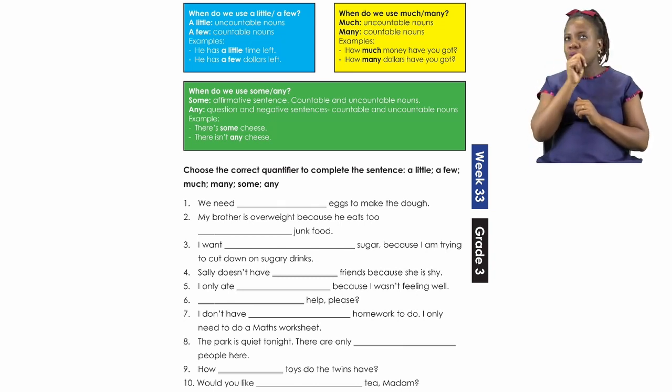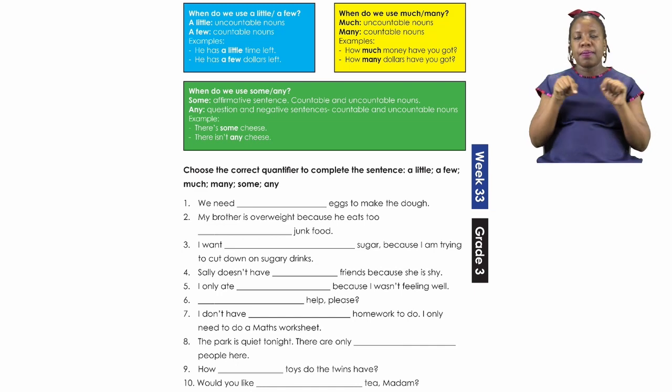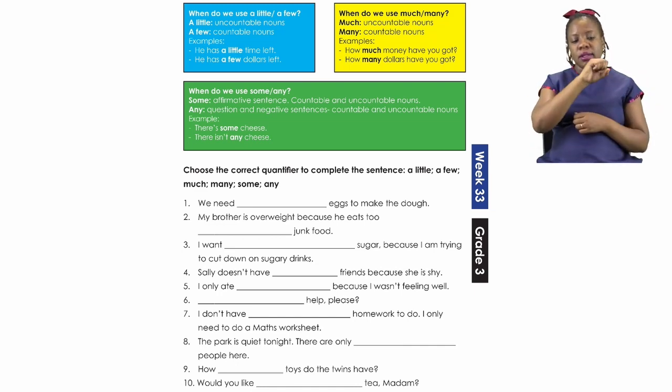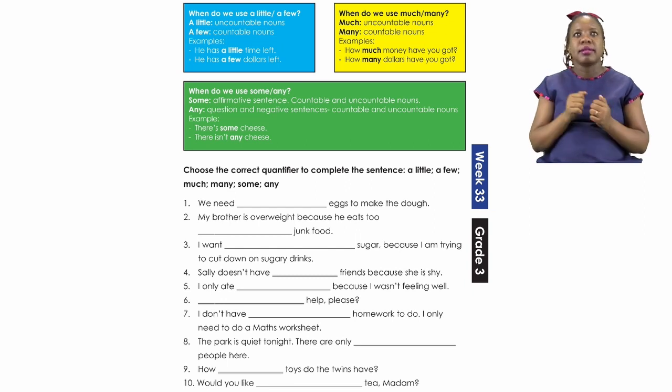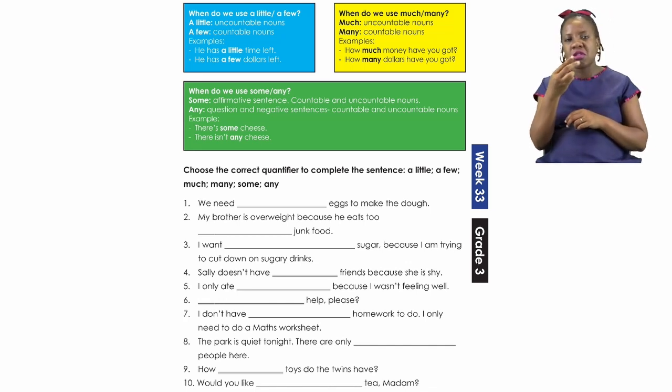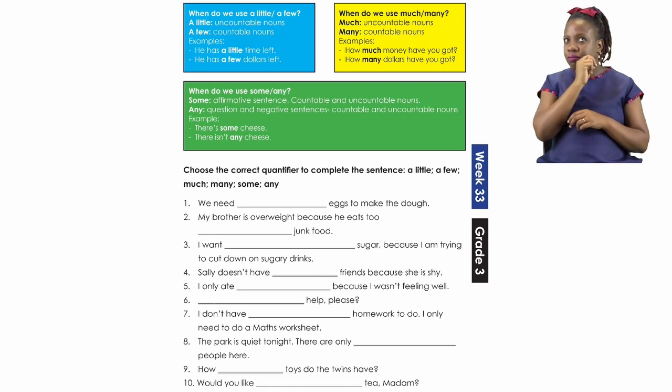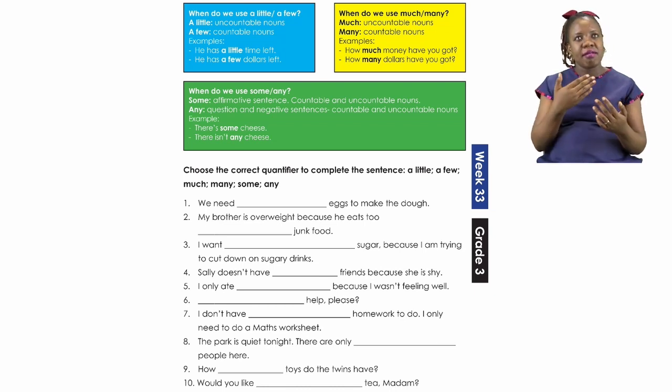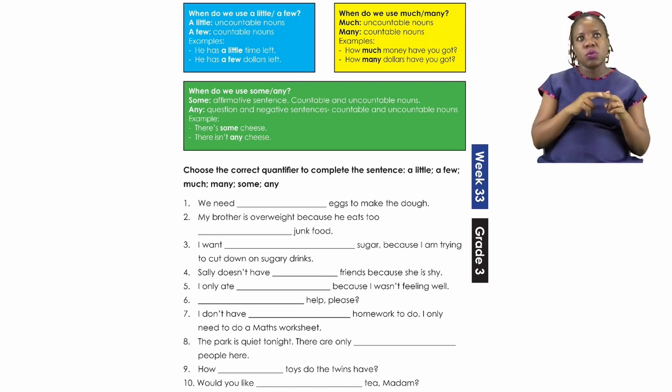There it says, when do we use some or any? Some is used for an affirmative sentence, and this can be countable and uncountable nouns. And the word any is used in a question and negative sentences, countable and uncountable nouns.